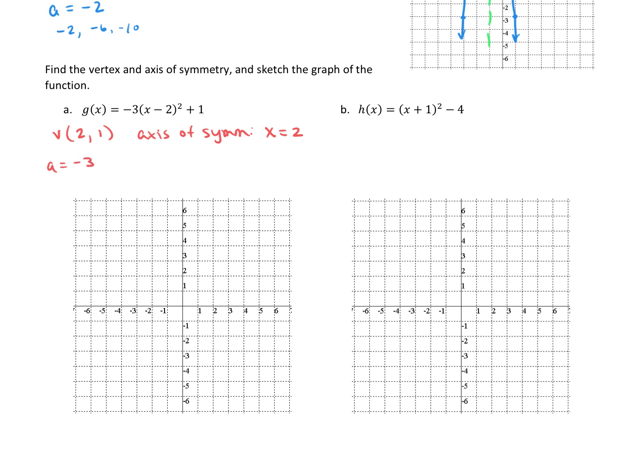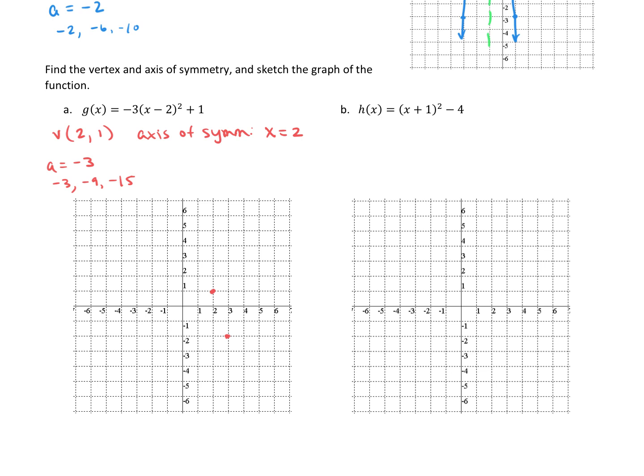So for our graphing pattern, we take that -3 times 1, 3, 5, so we have a -3, -9, -15 pattern. All right, so we go first to our vertex, over 2, up 1. We do our graphing pattern: down 3 to the right 1, down 9 to the right 1.